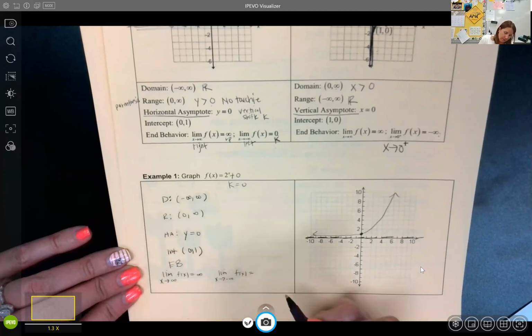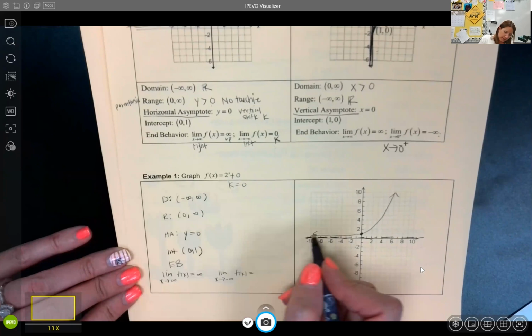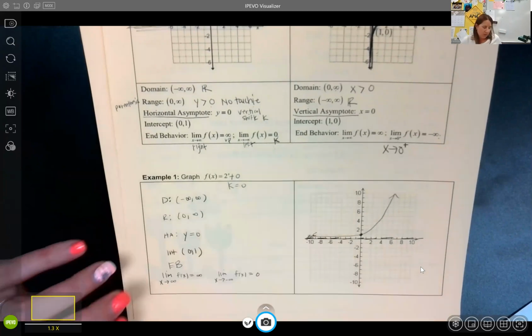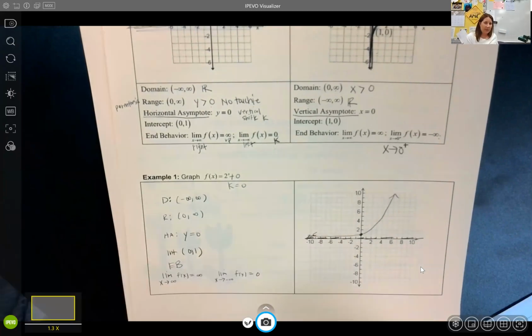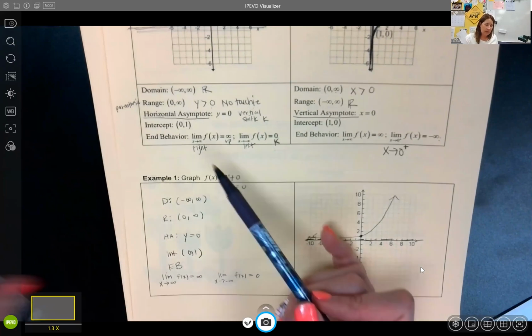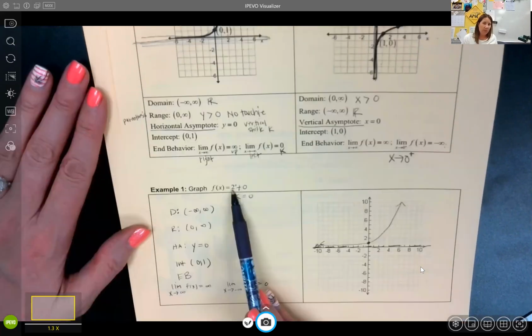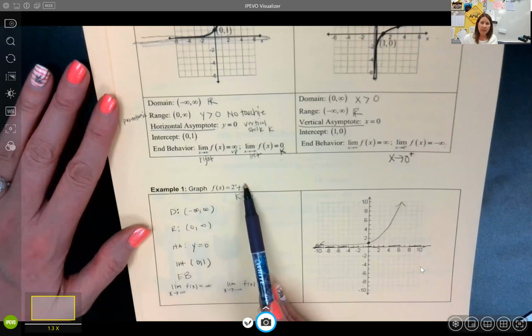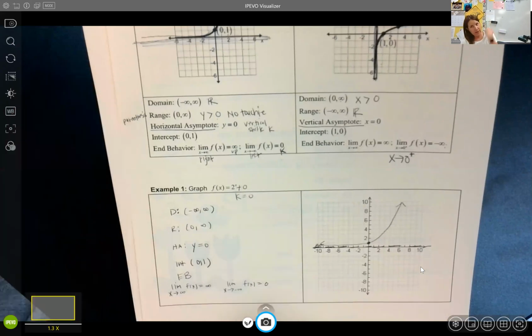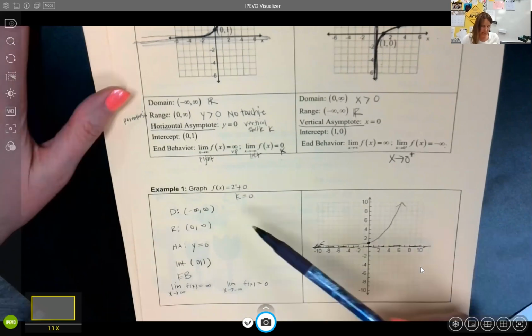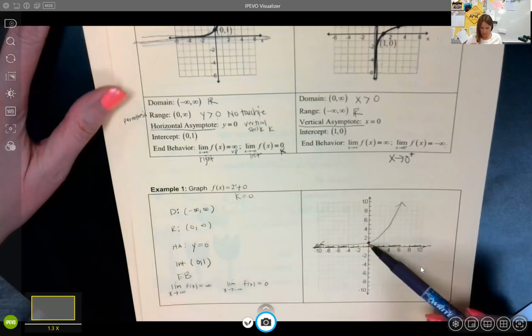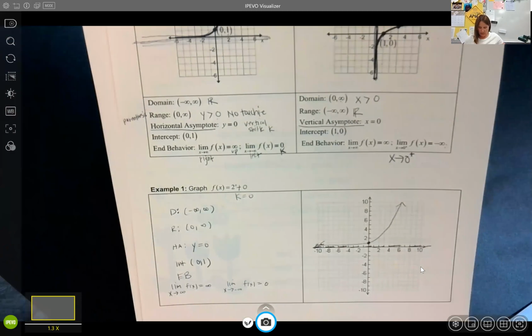The left leg is approaching that asymptote, which is 0. So notice that on the earlier one it was a b, okay? And on this one it's a 2. But it doesn't matter, because if I put a 0 in for x, whether that's a b or a 2 or a 550, it's going to be a 1, and it's going to cross through (0, 1). Okay, so that's all we have to do on that.